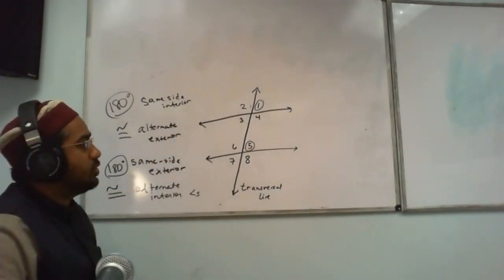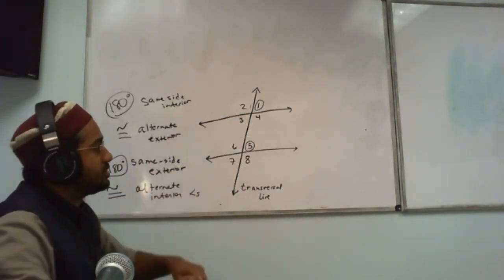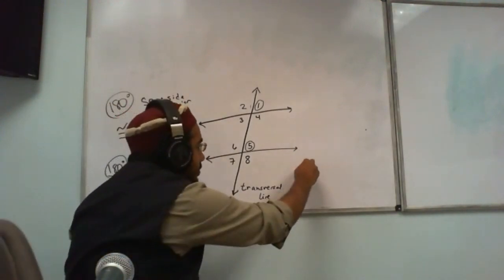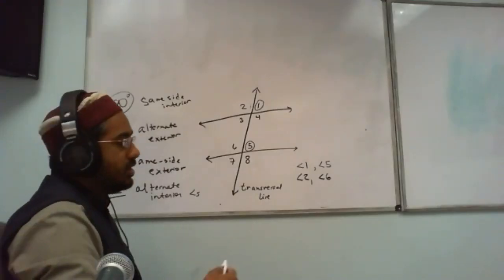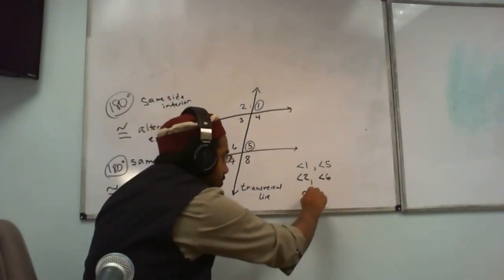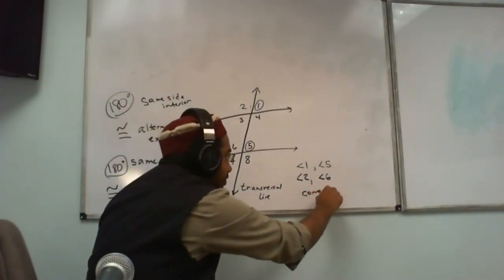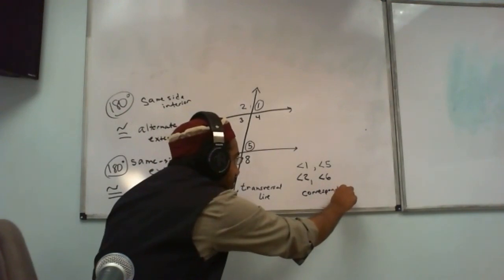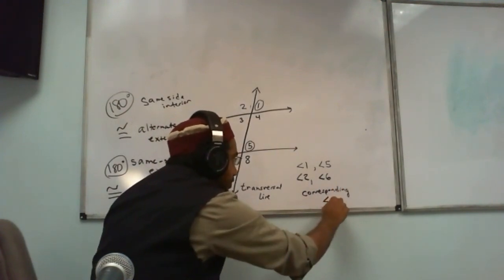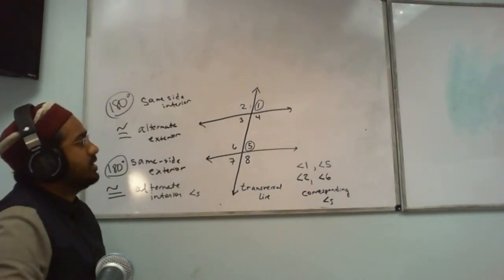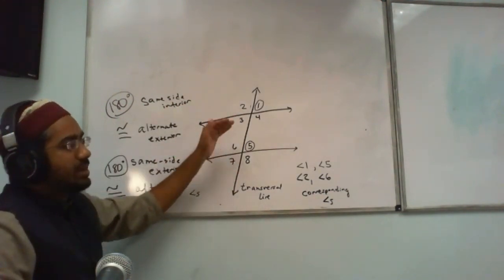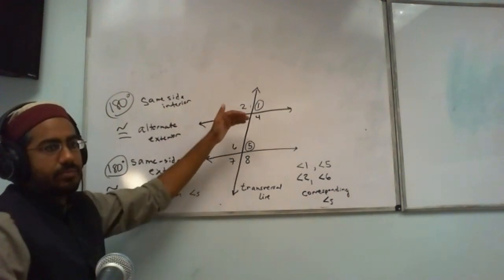So those pairs, like angle 1 and angle 5, angle 2 and angle 6, and so on, these different sets together are called corresponding angles. They're basically in the same location, right?